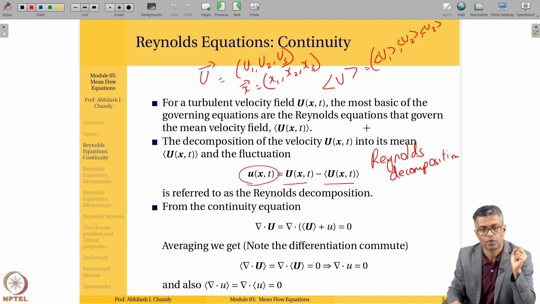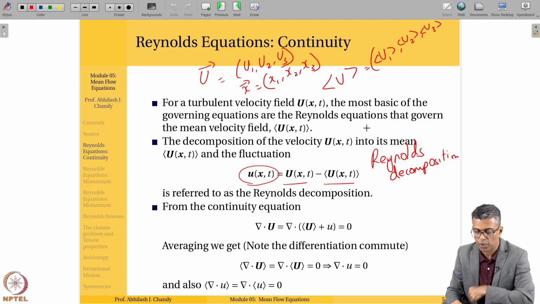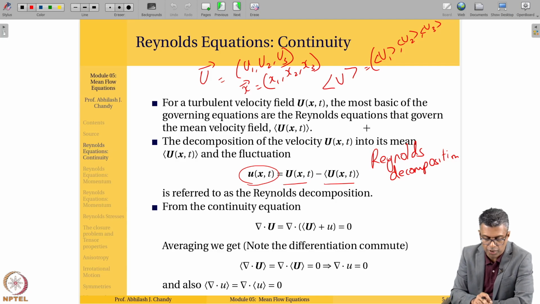Now let's start with the continuity equation. What we know is that the continuity equation is del dot u, and you decompose the u, because that's your instantaneous, into u mean plus fluctuation. That has to be equal to 0 according to continuity. Now you take an average of that.